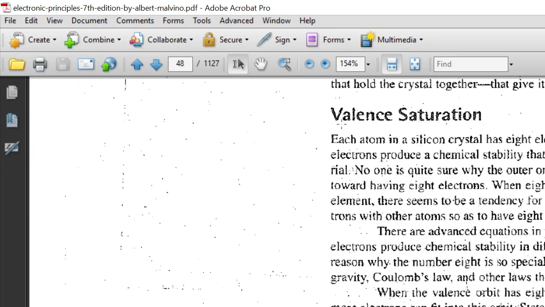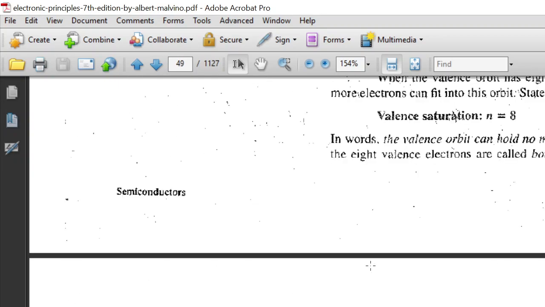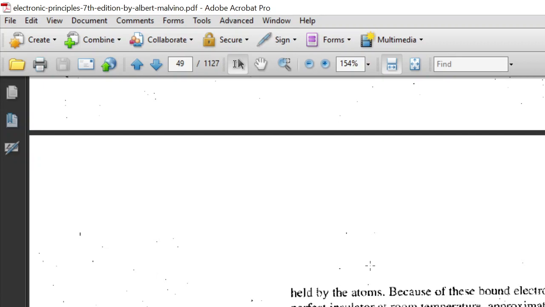This phenomenon, when the valence shell has 8 electrons, is called valence saturation. All the silicon atoms will experience this saturation and become stable.